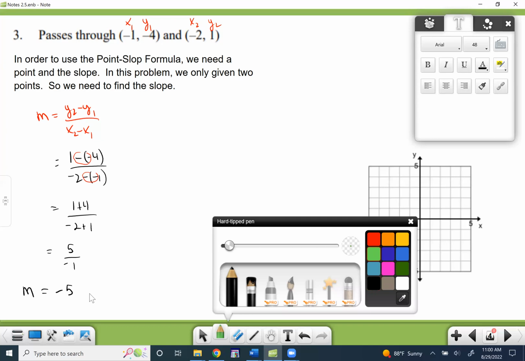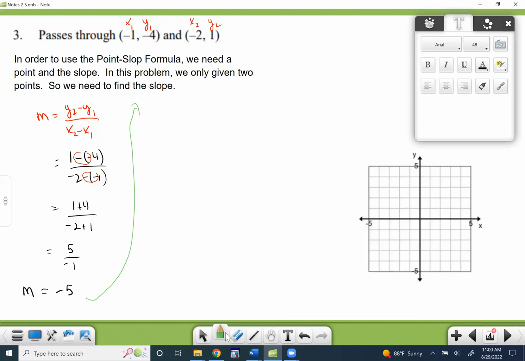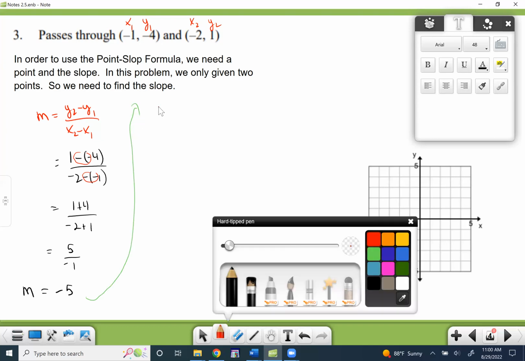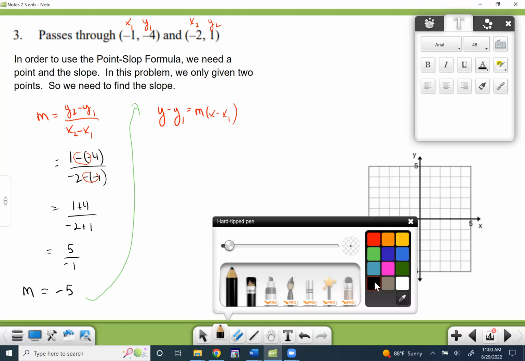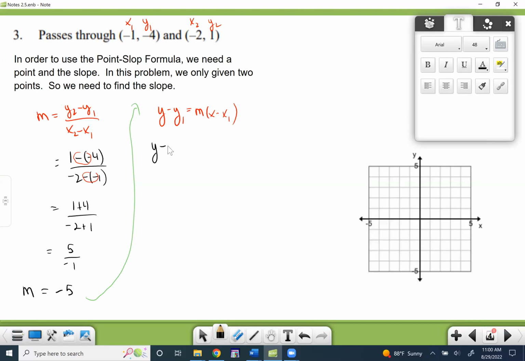Now let's go up here and use the point slope formula. We'll substitute in everything that we know. So y minus y1, which if you look up here at the top is -4, equals m, which we just found down here at the bottom of the screen, and x minus.